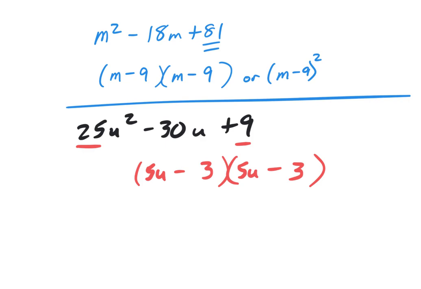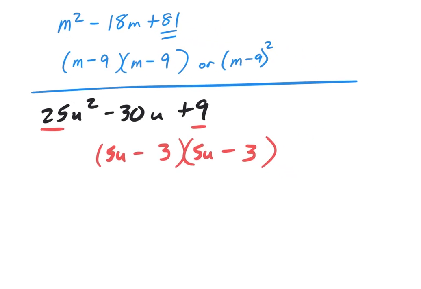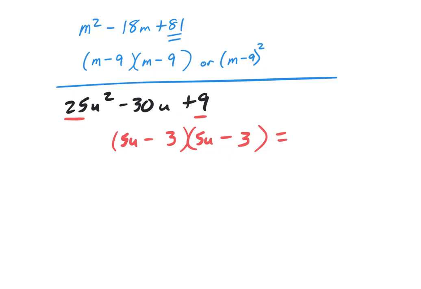And what we should do is always check to make sure that it's going to make negative 30. Well, if we wonder where that negative 30 comes from, that's going to be the outside and the inside terms. So if I do 5u times negative 3, that would be a negative 15. If I do negative 3 times 5u, that would be a negative 15. And if I do negative 15 and negative 15, then it gets me negative 30. Okay, so if I fold these together, then it would work.